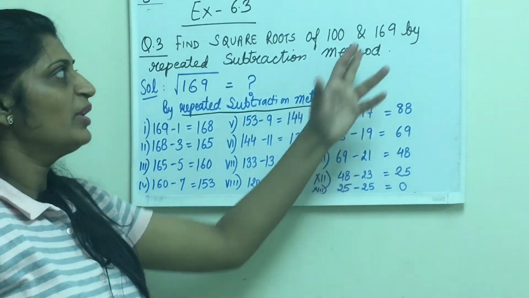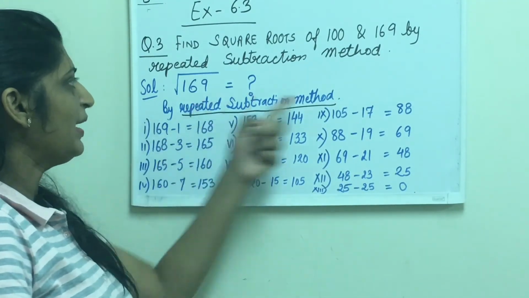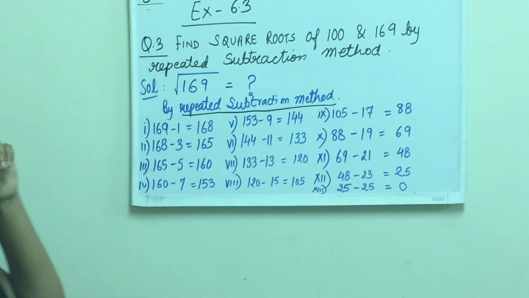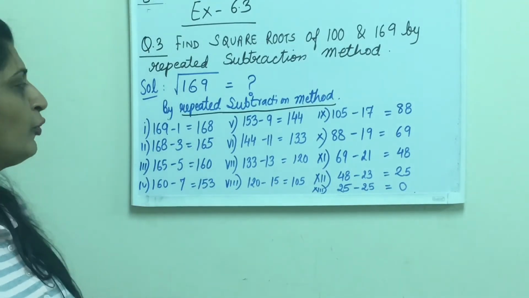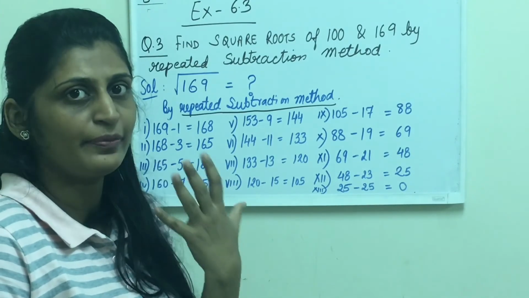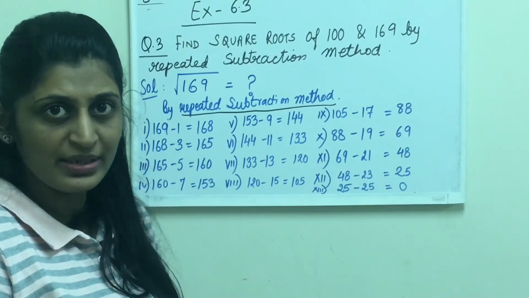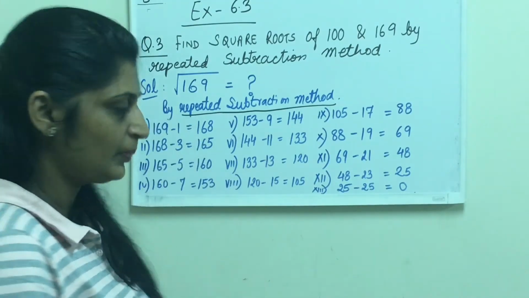I am done with the repeated subtraction for 169. I started subtracting consecutive odd natural numbers from 169, starting from 1. So from 169 I subtract 1.